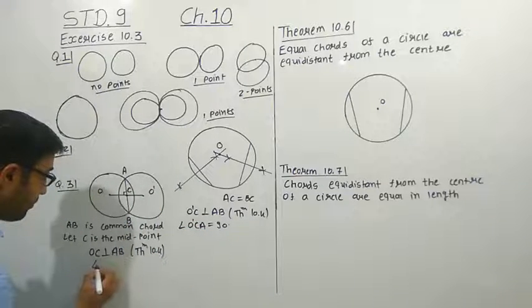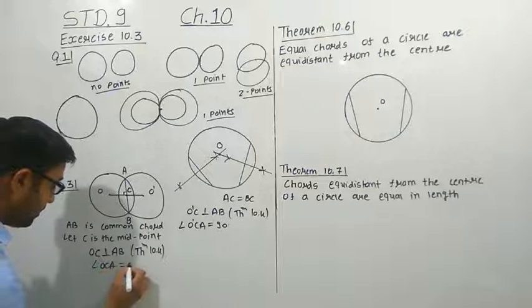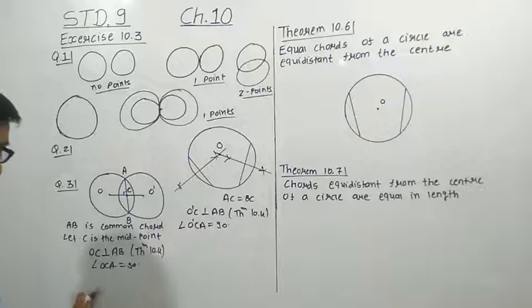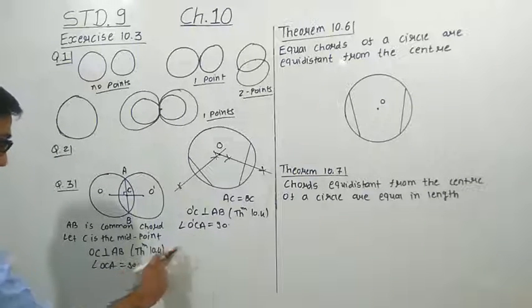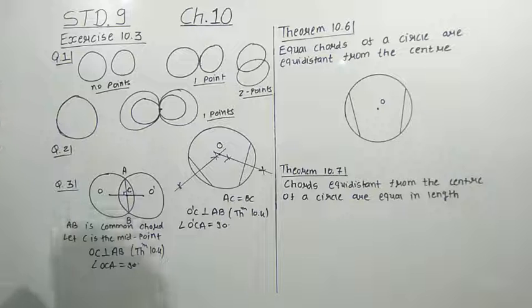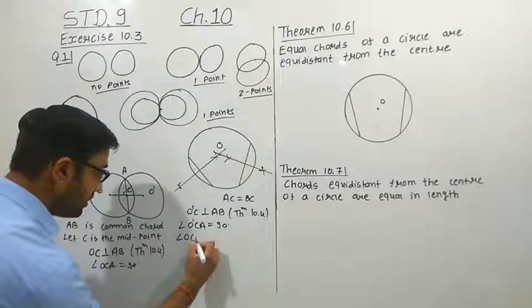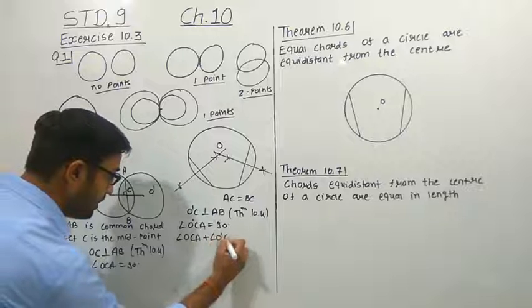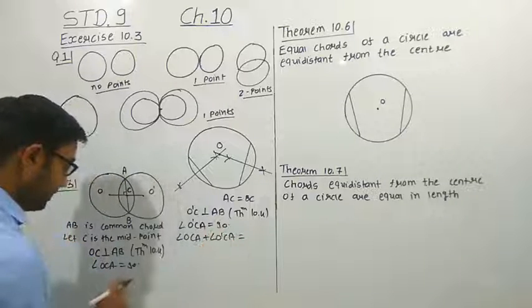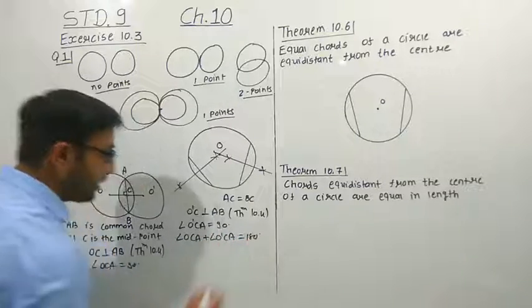OCA, and here we can write down angle OCA is equal to 90 degrees. Both these angles are making a linear pair, so angle OCA plus angle OCB is equal to 90 plus 90, that is equal to 180.